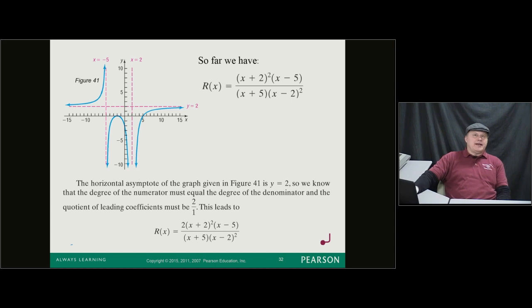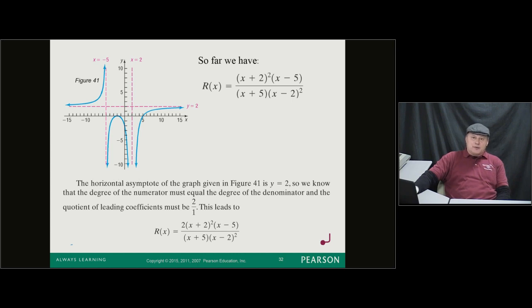What if you bring that horizontal dotted line down to 1? Then you wouldn't need to add any number, because 1 would be the horizontal asymptote. And if you move the horizontal asymptote up to, say, y equals 5, then you'll need to put a 5 at that leading coefficient instead of a 2. That's kind of how it works. So this is the function that would give you that graph that was given to you.